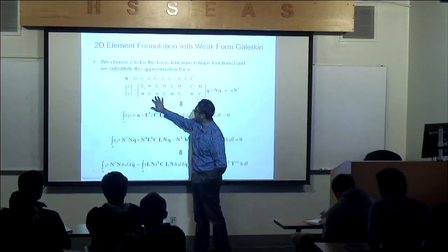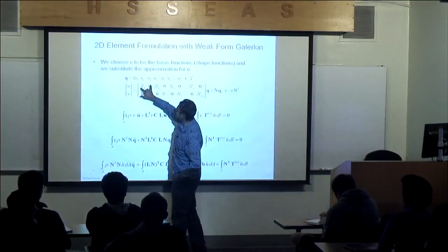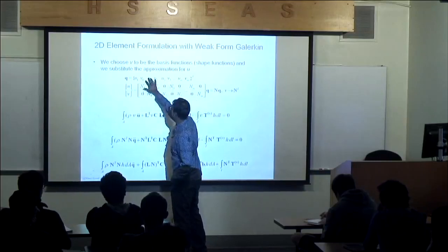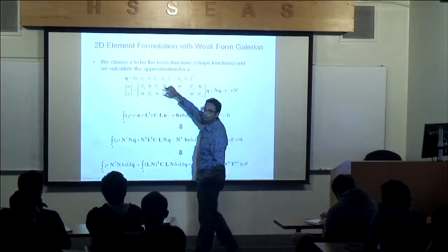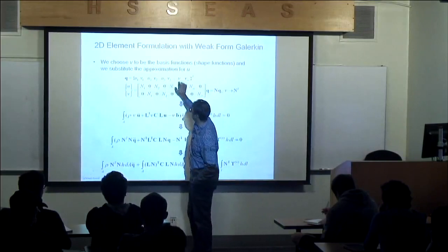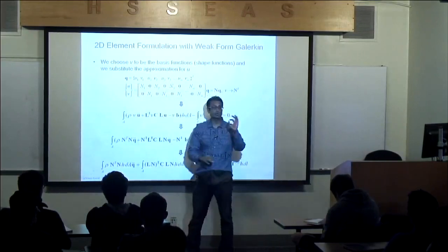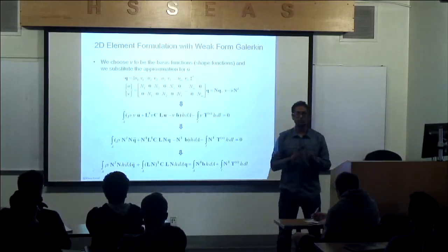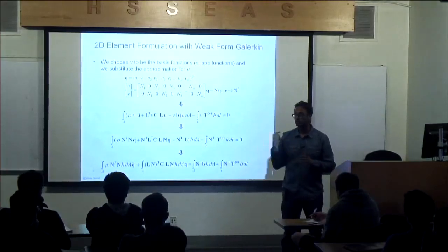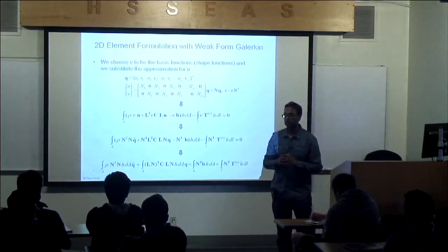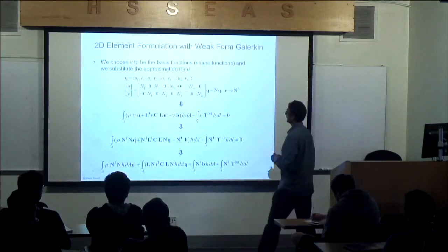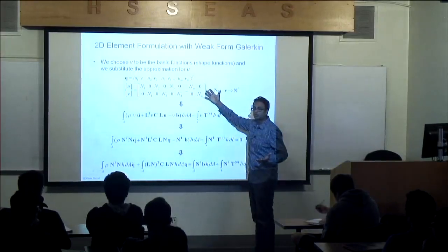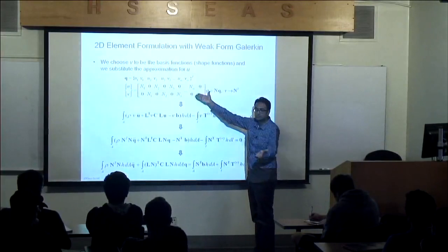So I'll shift it to the right ones so that when I multiply this row times this column here, it's really a column, that only U1, U2, U3 are active for the first equation. So that's my approximation function for U, is that it be interpolated with the shape functions N1, N2, and so forth, with the nodal unknown quantities U1, U2, U3, and so forth. And the same for V. Okay? So I'm ready to apply weak form Galerkin. Weak form Galerkin, I take my approximation function. Isn't this my approximation function?